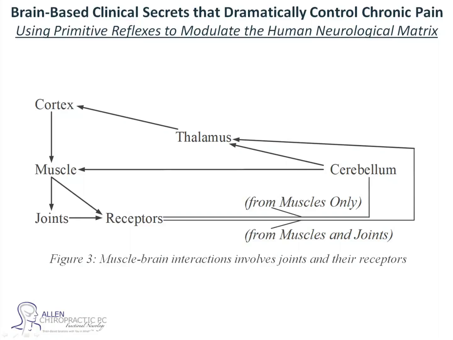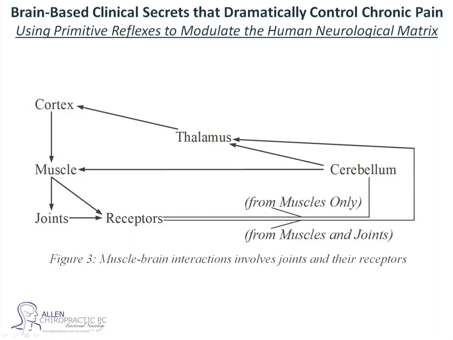And then the muscle and joint receptors send their signal to the thalamus. The cerebellum contributes to thalamic afferentation, and then the thalamus sends their signal off to the cortex so that the cortex can voluntarily and involuntarily control muscles to control joints. So this is a feedback system based on receptor dependence. Let's go backwards. The muscles receive input from the cortex and from the cerebellum.